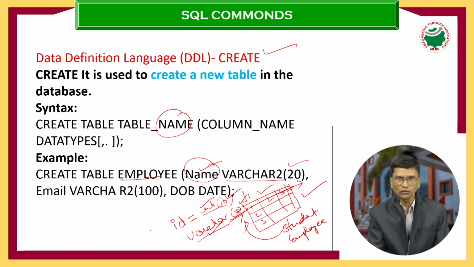Beyond 20, the database will not consider it. Email is also a variable character of 100, like Arun@gmail.com, since it may consist of many characters, so we use a data size of 100. Date of birth is a date, in the manner of either DD, MM, YY, or YYYY, MM, DD.